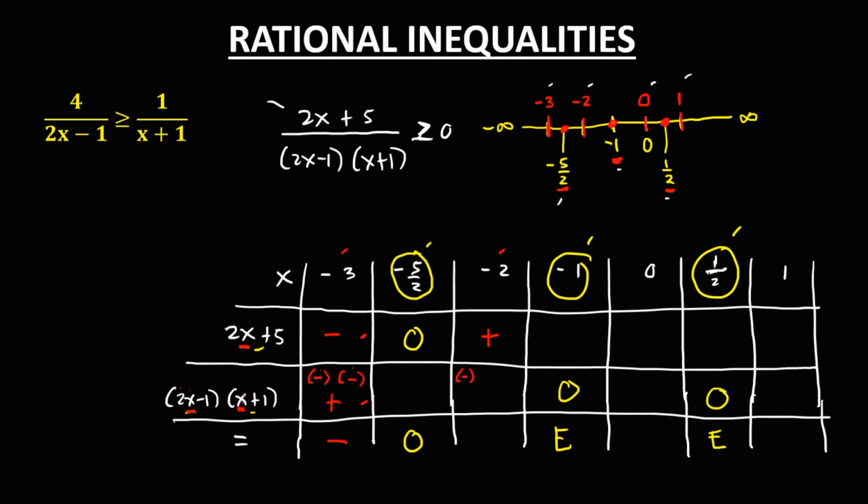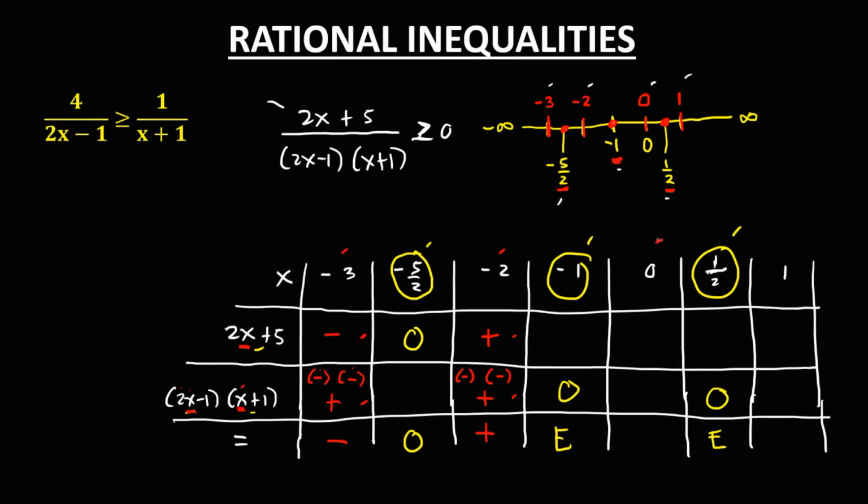Then for this equation, x is -2, -2 plus 1, that's -1. And negative times negative, that's positive. Then positive divided by positive, the same sign, the result is positive.